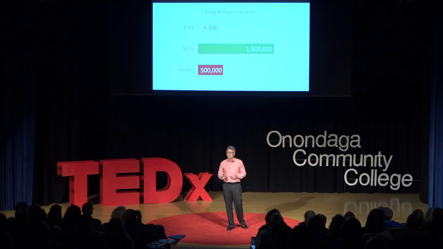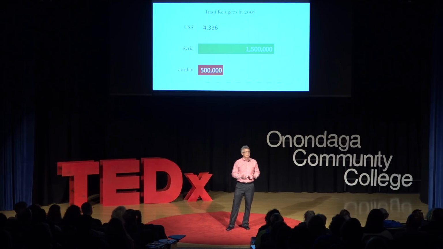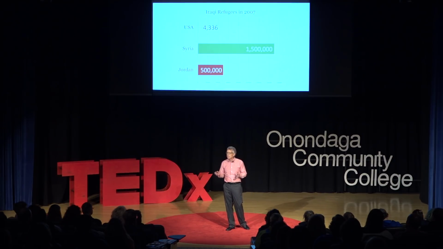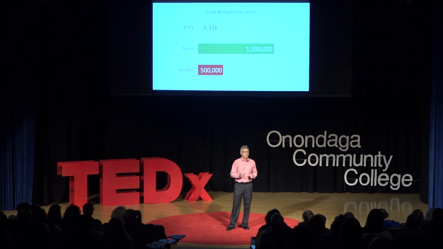By 2007, same period, the United States had taken in less than 5,000 Iraqi refugees. Jordan is the size of Connecticut. Syria is a little bigger than our state of New York. Imagine 1.5 million people flooding in from Canada with no belongings, and we've taken them.